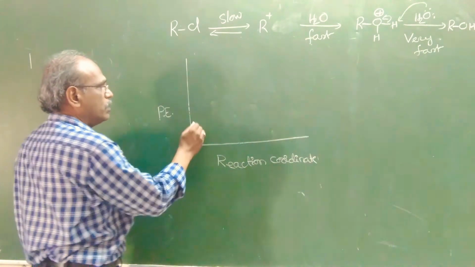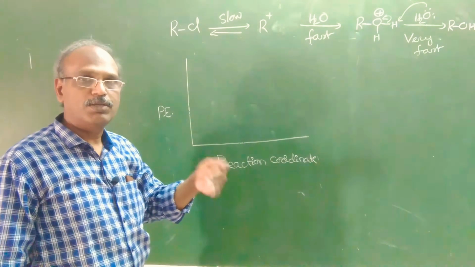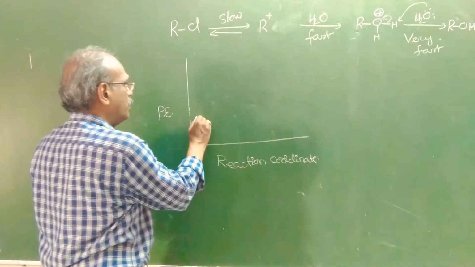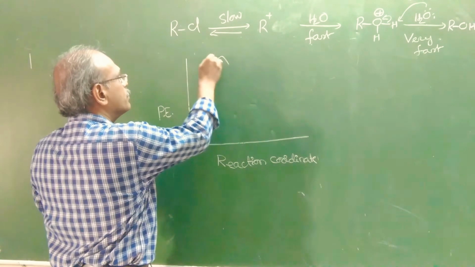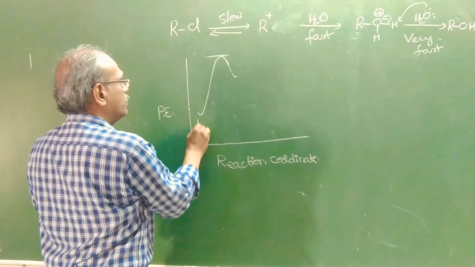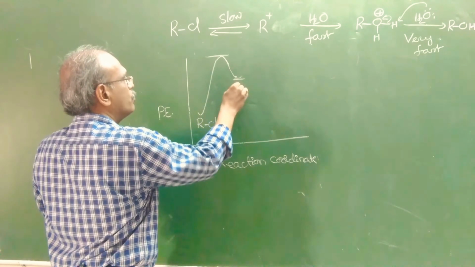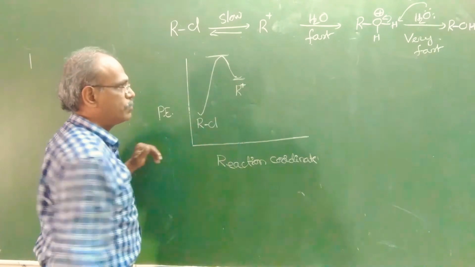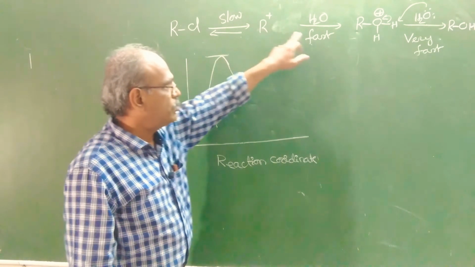Now see, if slow means the related activation energy is high, try to recollect chemical kinetics. This is related to the first step. Here this is RCl, and this is related to formation of R plus. But when compared to this step, this is fast.